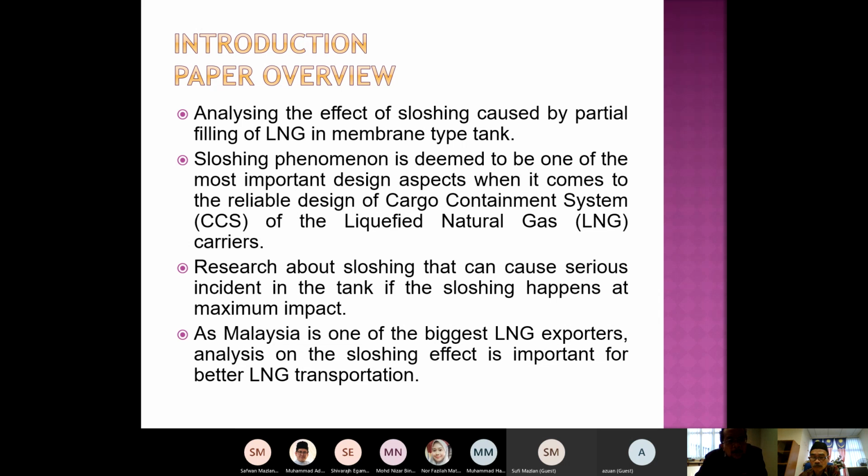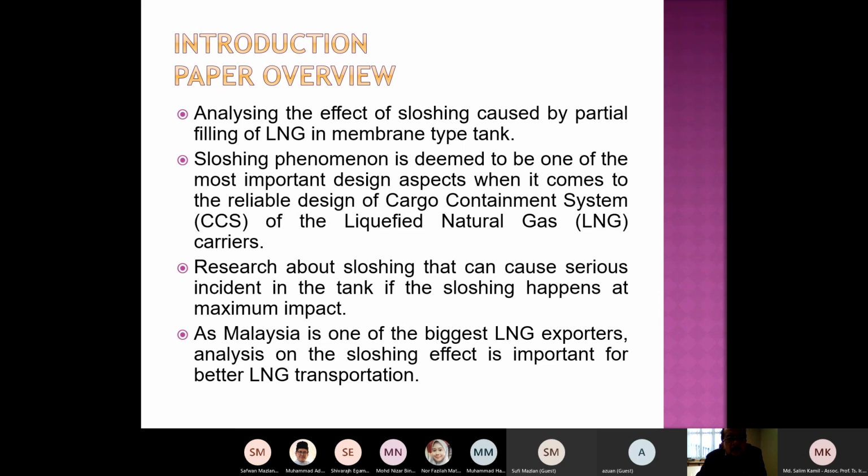after this. And as you know, the sloshing phenomenon is one of the most important design aspects for the cargo containment system of the LNG carrier. So there are some serious incidents in the tank if sloshing happens at maximum impact, right? As you know, Malaysia is one of the biggest LNG exporters, and analysis of the sloshing effect is important for better LNG transportation.